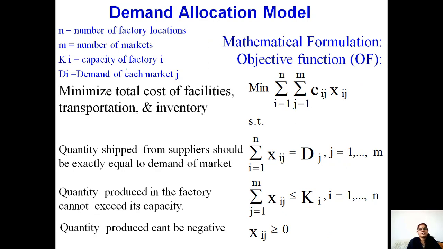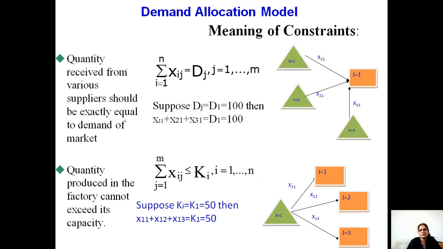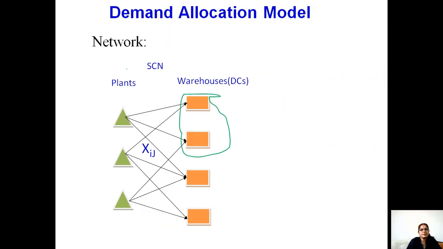So now let us see the model in detail. Here there are two things involved. One is factories or plants, the other is markets. These are customers and these are suppliers. Let the number of plants be N and the number of markets be M. Supposing, in this particular case, there are 3 plants and 4 warehouses.